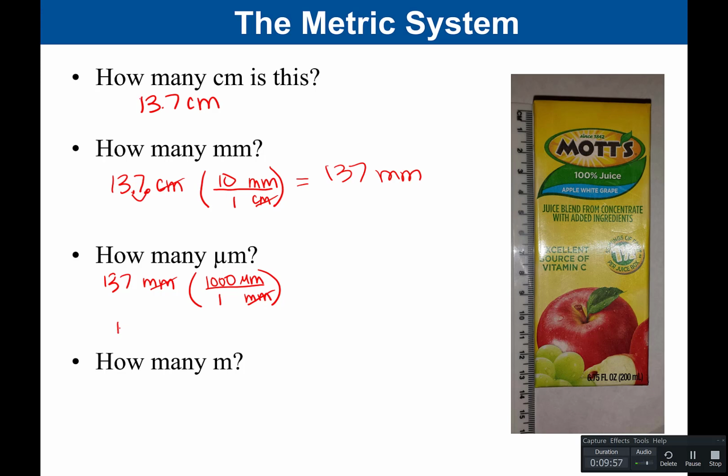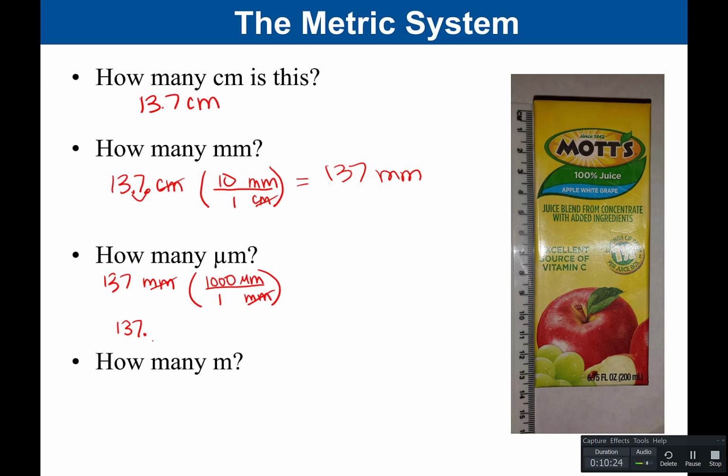So I'm going to write this down here just so I have a little more space. 137 has a decimal point here. How many zeros are in 1,000? 3. So I need to move my decimal point 3 places. Am I going to move my decimal point 3 places to the right or 3 places to the left? Well, my number is going to get larger, so I need to move it 3 places to the right.